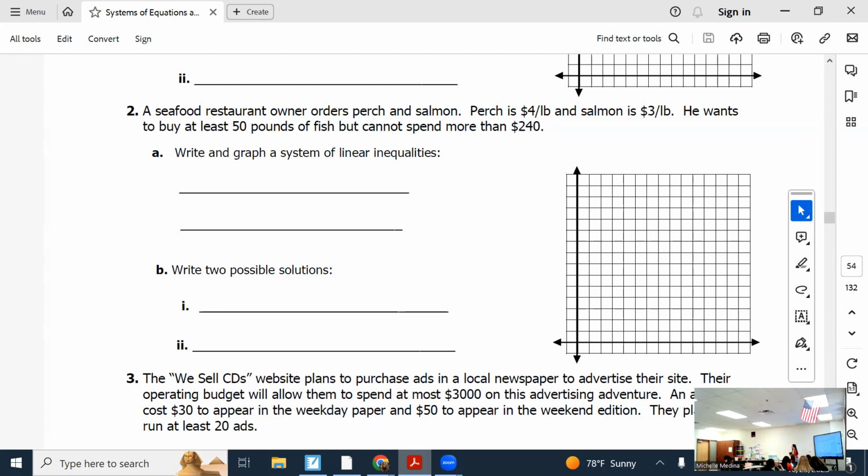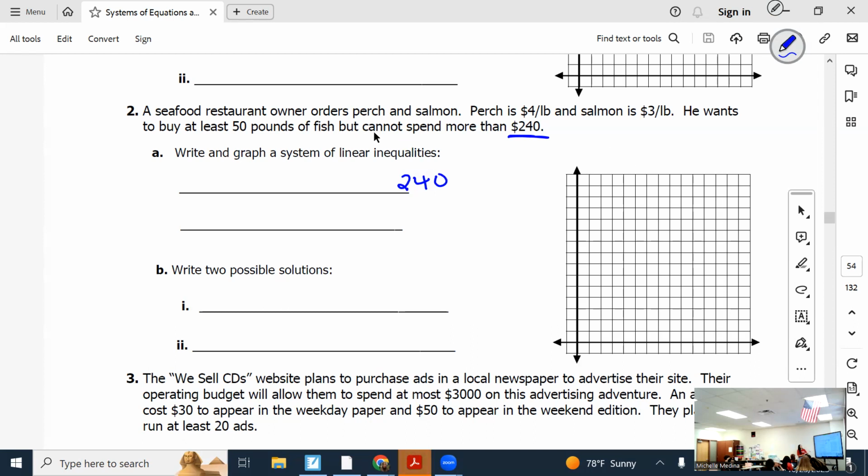So I told you to keep an eye out for the totals. Table 4, can you tell me what one of my totals is? $240. So that's the total that he can spend. Now I didn't put equals 240 because these are inequalities.